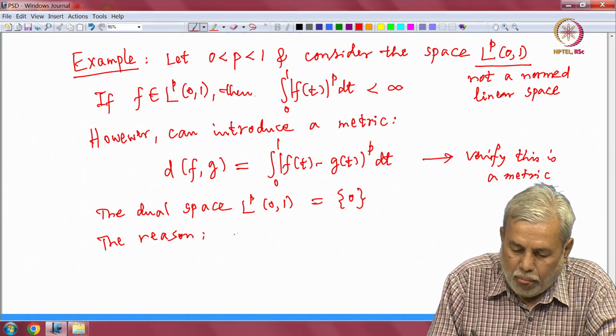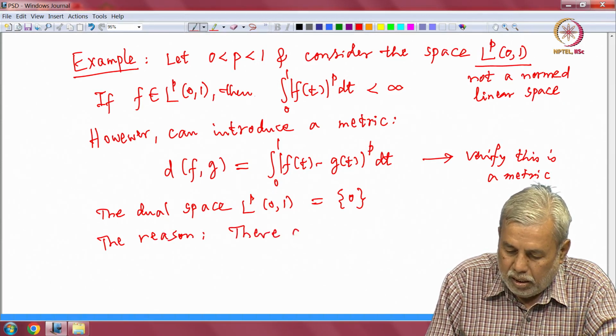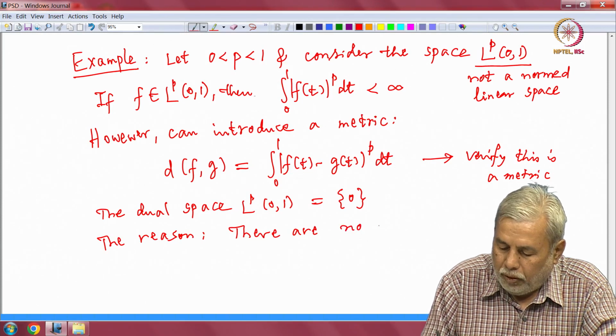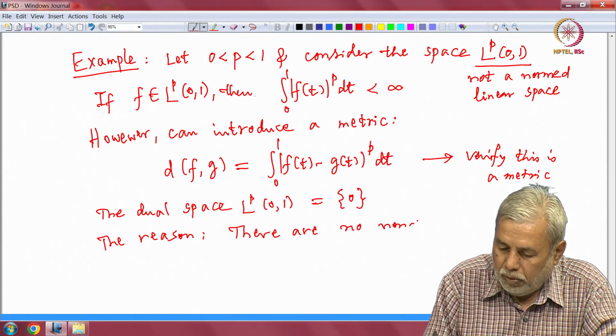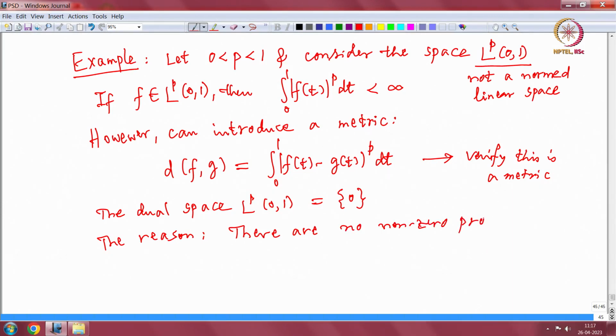this region, there are no non-zero proper open convex sets in LP 0 1.